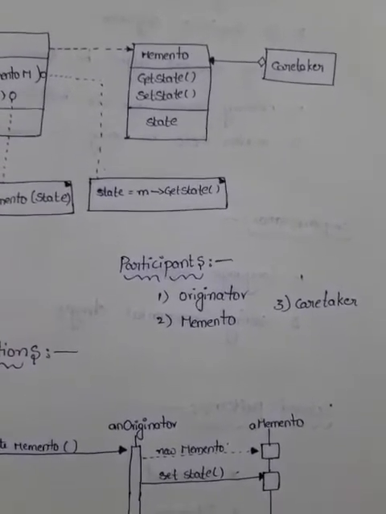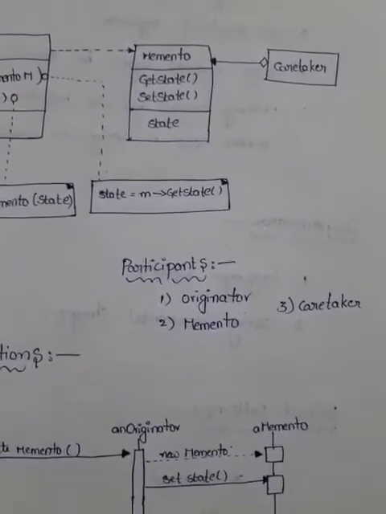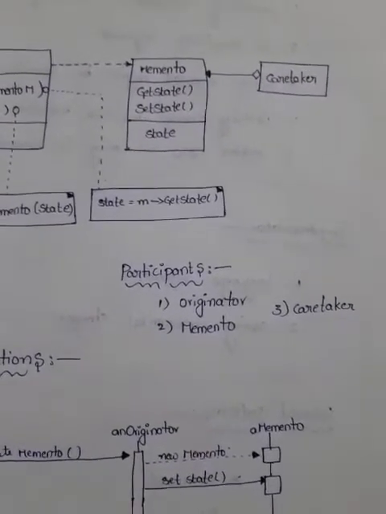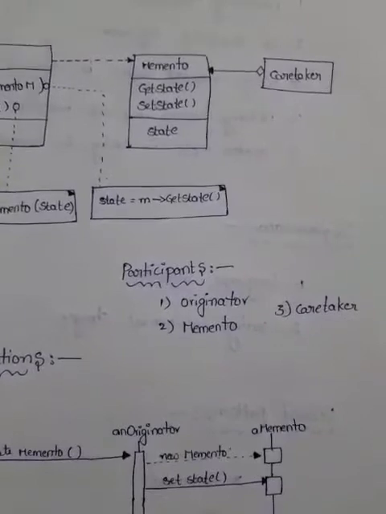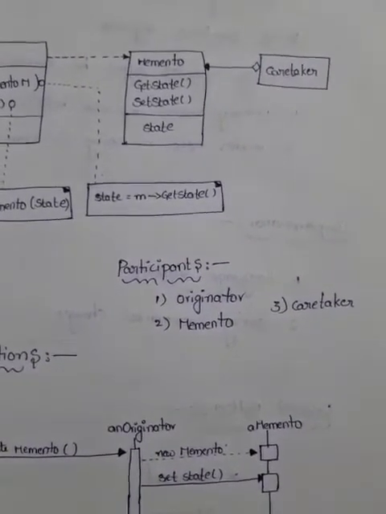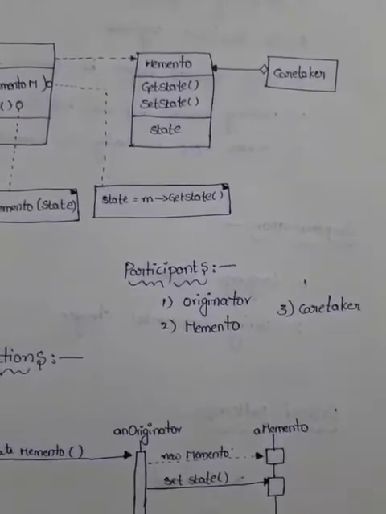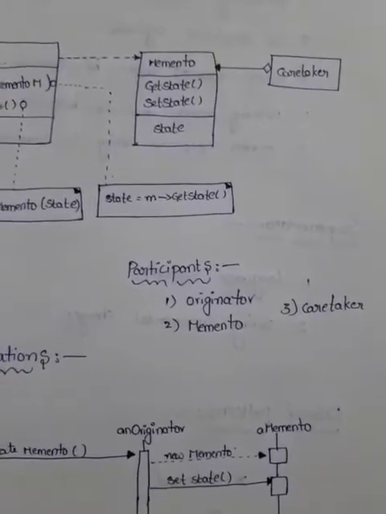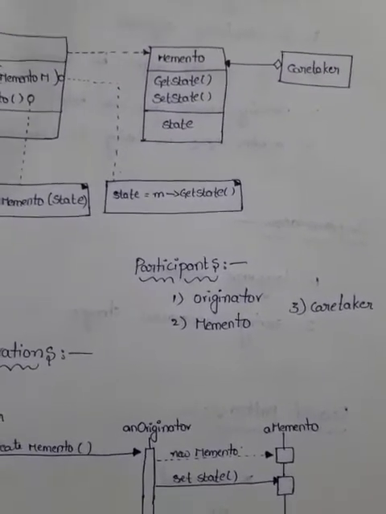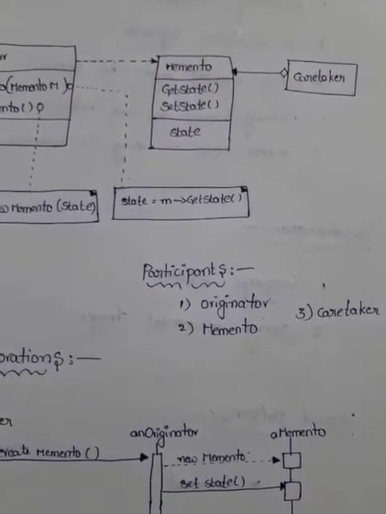And the next one is caretaker, which is responsible for the memento's safekeeping. It never operates on or examines the contents of a memento. An example for this caretaker is the undo mechanism. So these are the three participants under this memento structure.